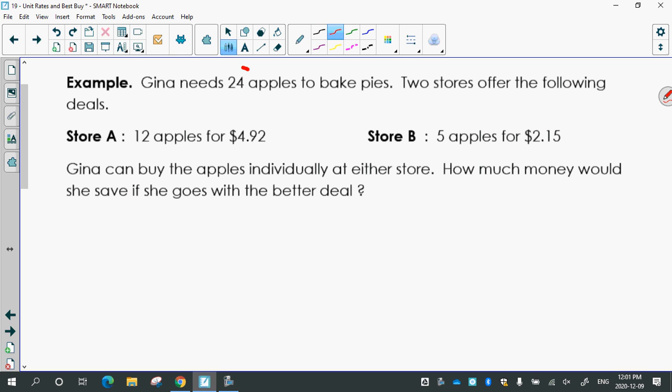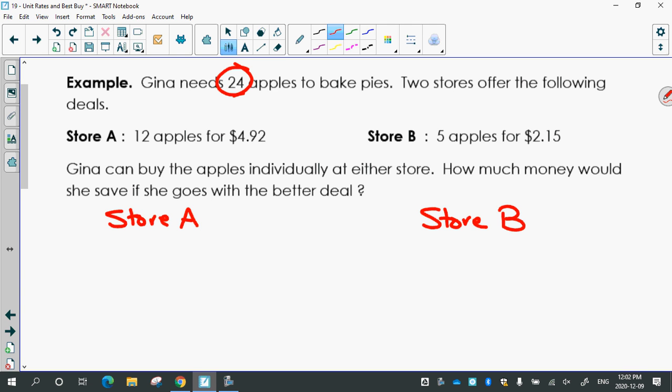So this question is similar to the ones we did in our last lesson, where we're going to divide our page up into store A and store B. Store A and store B have different rates, but we want to see how much it costs to get 24 apples at store A, how much it costs to get 24 apples at store B, and then figure out which one's cheaper.